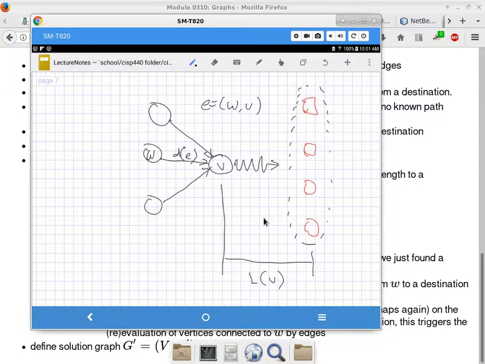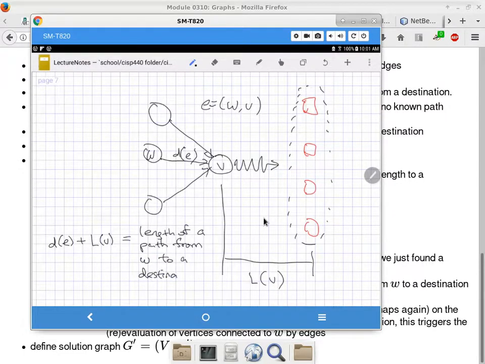A certain length from W to one of the destinations. Maybe the shortest, may not be the shortest, but it is a known distance from a known path. Is that making any sense? So when we add up these two numbers, D of E plus L of V, it is the length of a path, possibly shortest, but we don't know it yet. It's the length of a path from vertex W to a destination.